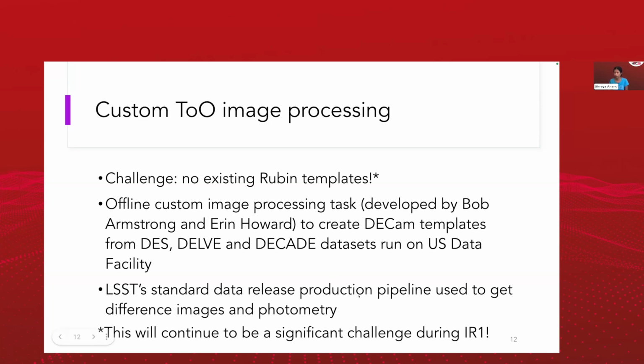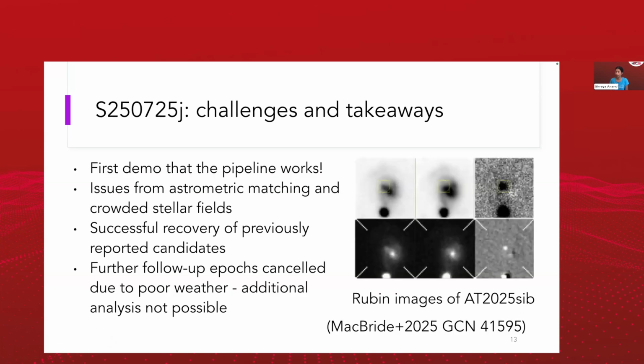And then these were run through the LSST standard data release production pipelines to get the difference images and the subsequent photometry on the alerts. So we were able to initially demonstrate our success that the pipeline works. And the way we did this was by looking at previously reported candidates and seeing whether we could successfully recover them.